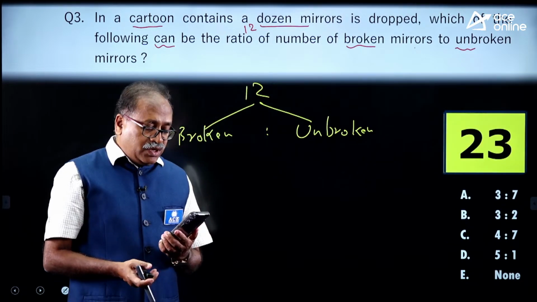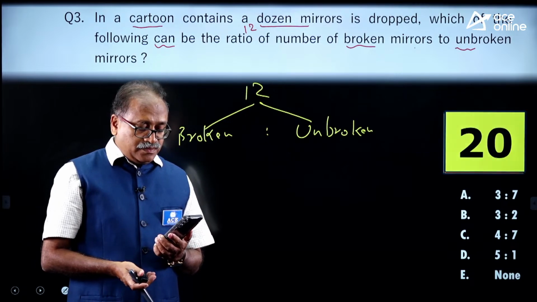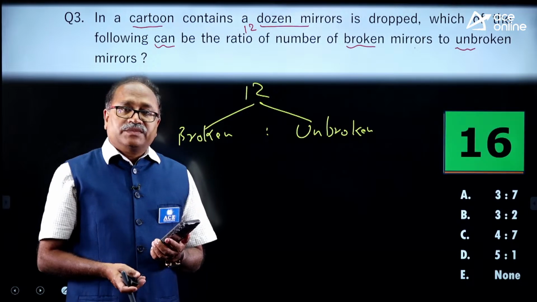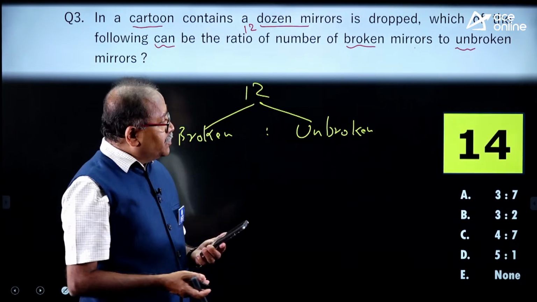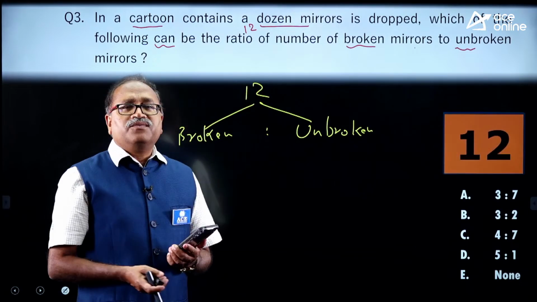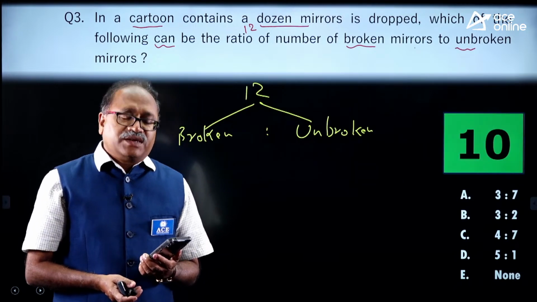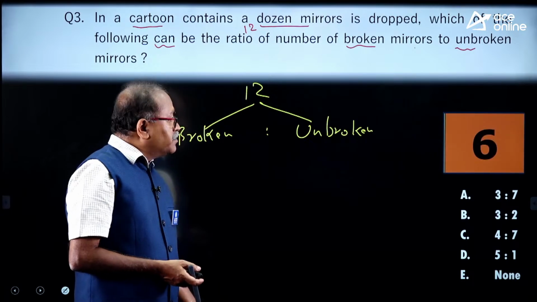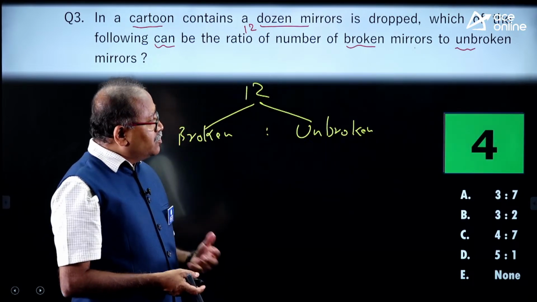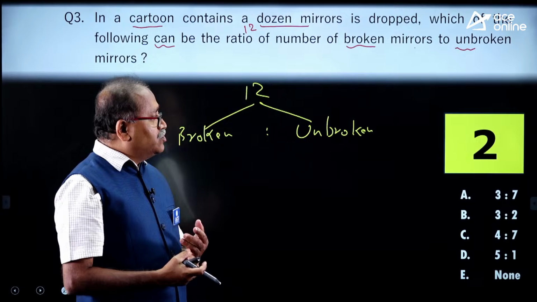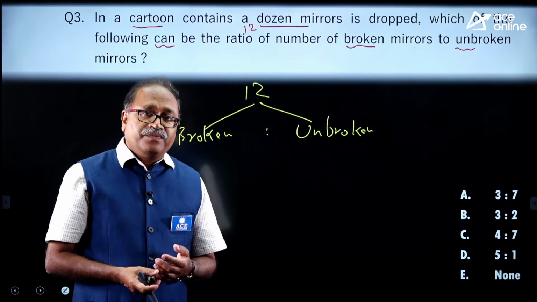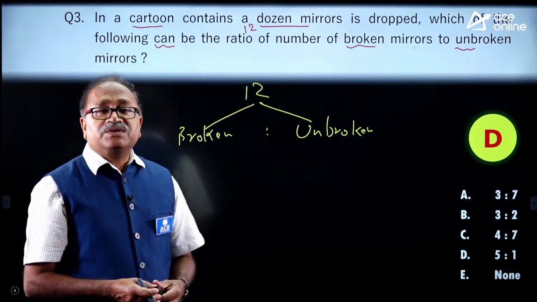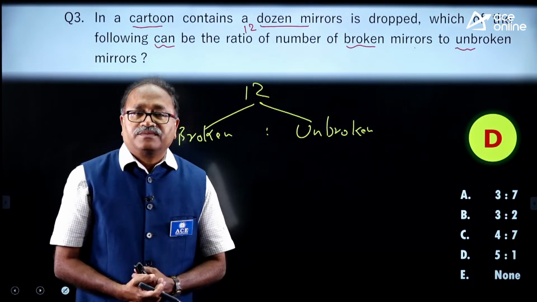Try to answer, any one of you. I give 30 seconds to you. I'll wait till the 30 seconds is over. 4, 3, 2, 1 and time up. And if your answer is D, that is 5:1, you are right.